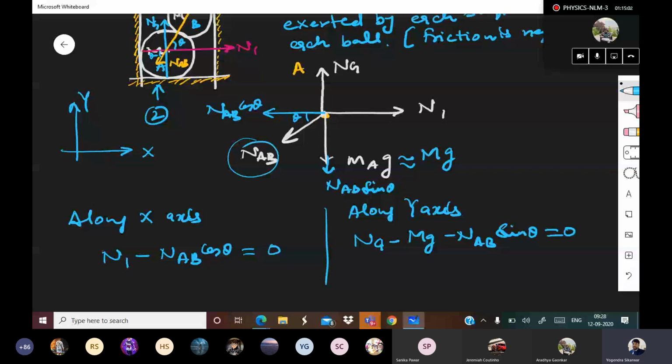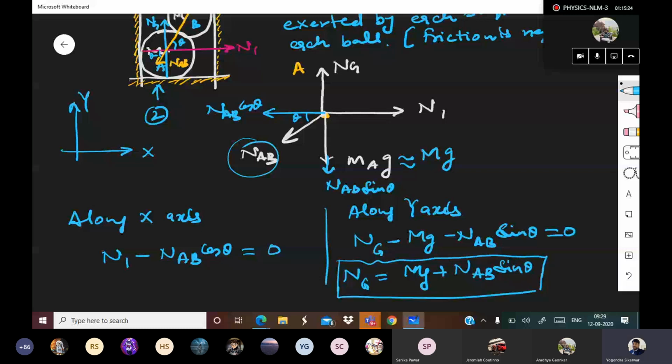So what do we get as Ng? Ng comes out to be mg plus NAB sine theta, and N1 comes out to be NAB cos theta.